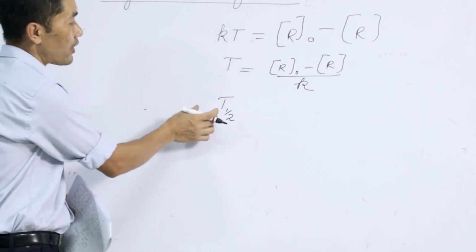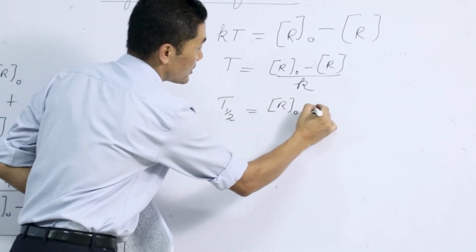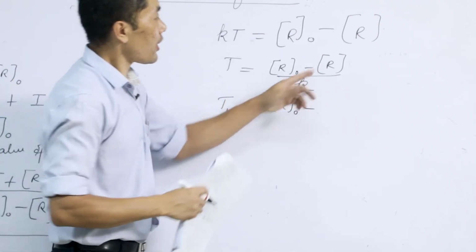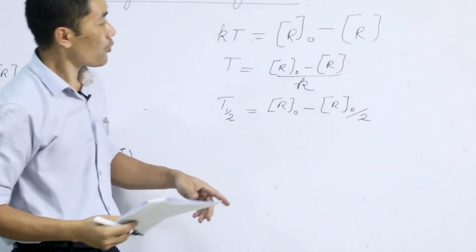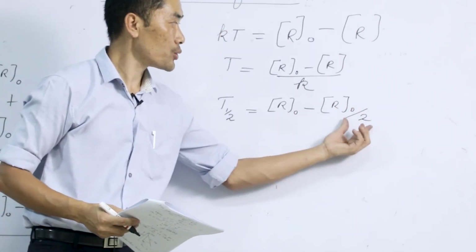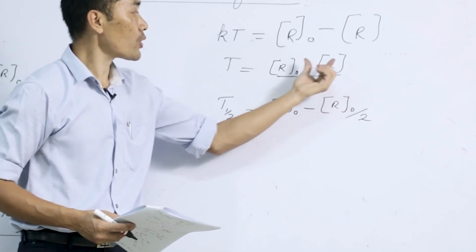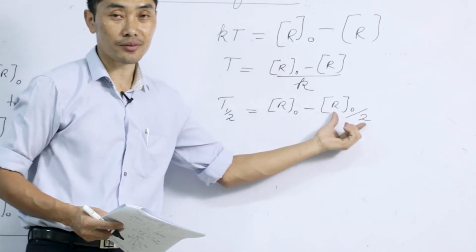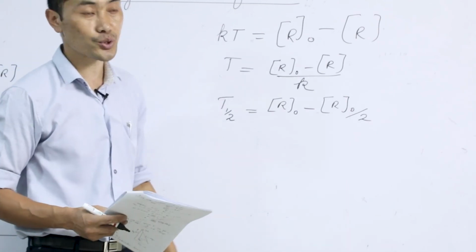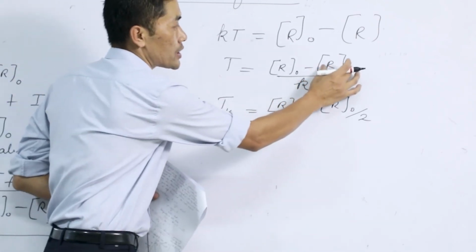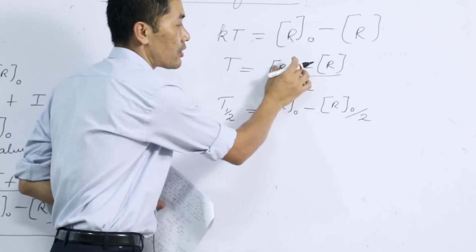So for half-life, we can write this as R naught minus R naught divided by 2. Now, why are we dividing this by 2? Because the final concentration will be equal to half of the initial concentration, because half-life is the time in which half of the reactants have been used up. So the final concentration here will be equal to half of this initial concentration. That is why we are writing R naught divided by 2 here.